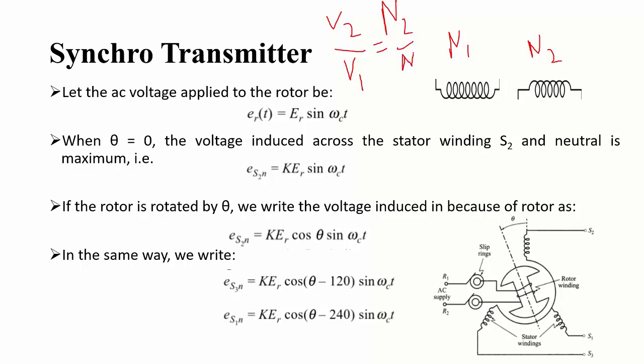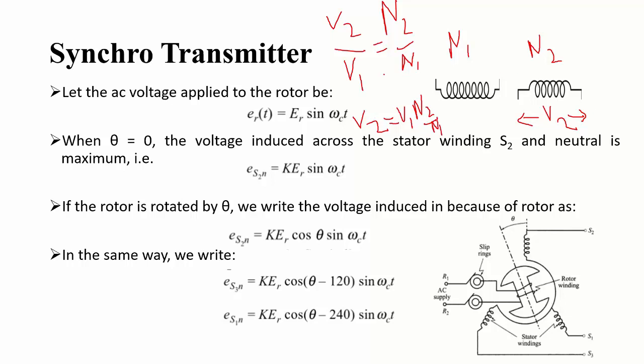So this is the relation that exists in the case of a transformer. Now you want to know what voltage is being induced at the secondary side. So if this is voltage V2, then from this expression you see that V2 is nothing but V1 times N2 by N1. So this is the voltage that is being induced at the secondary side.